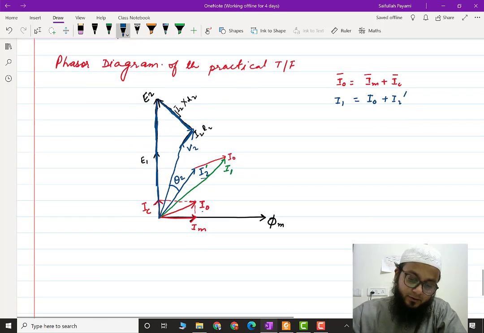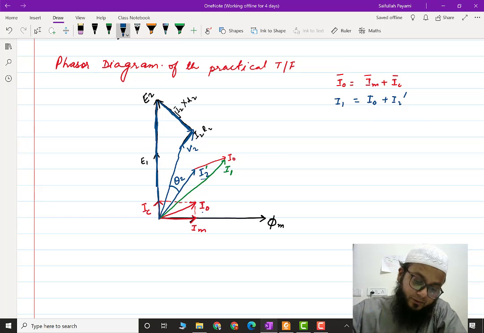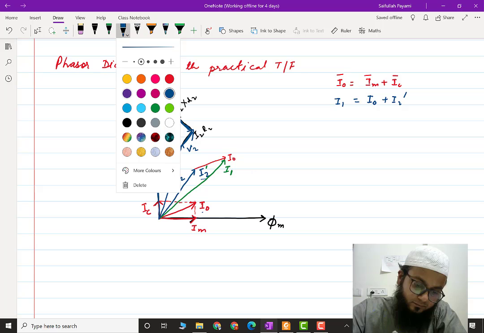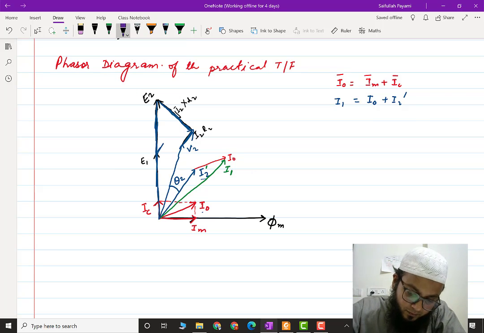I1 I know, so this is E1 here, and then I1 R1 here in the direction of I1.